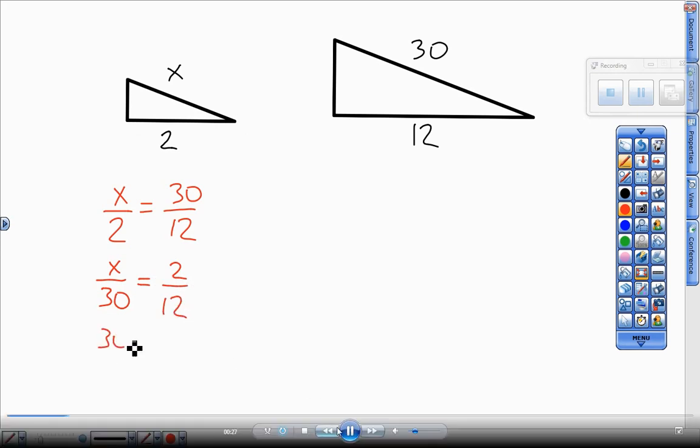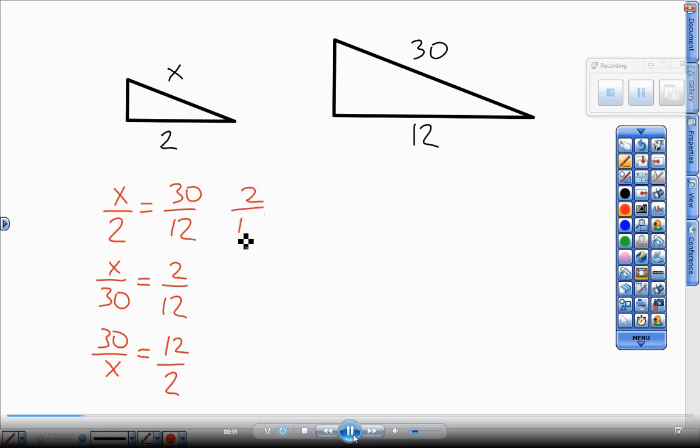And then another possibility, 30 over x. That would be this piece going backwards, 30, the long one, over x, as long as I set that equal to this long one over 2. Another possibility, and then maybe a couple more.